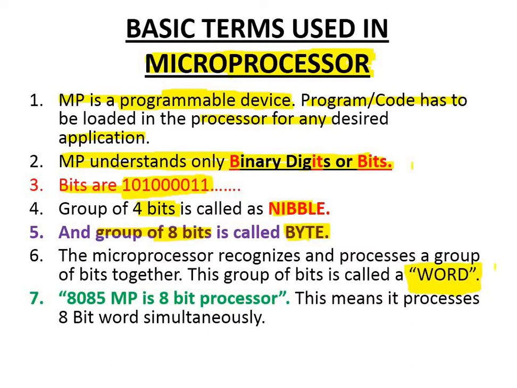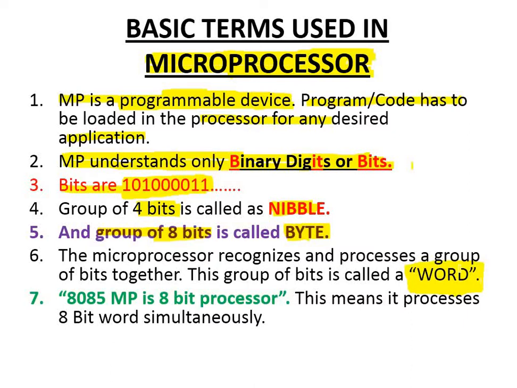Suppose your processor is 8-bit but your data is 32-bit, then 8 multiplied by 4, it will require 4 cycles to process that data. For example, if your processor is 8-bit and your words are 64-bit, it will require 8 cycles. That 64-bit data will be divided into 8, 8, 8 because your processor is 8-bit.